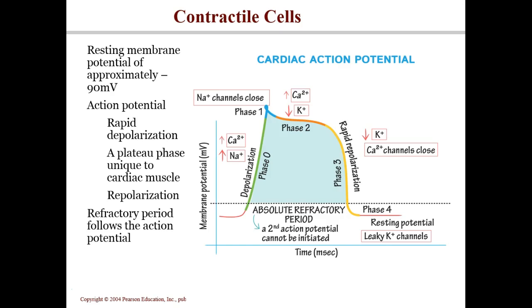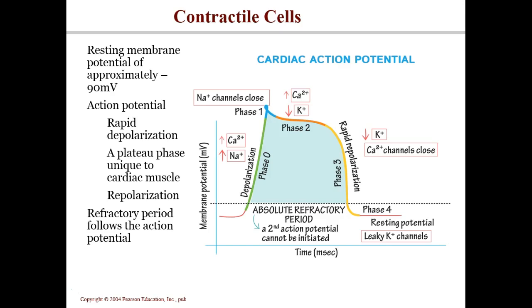And the plateau phase is basically a period where there is no chance for another action potential to take place. This is the absolute refractory period. There isn't a chance for another action potential, so another heartbeat can't happen.